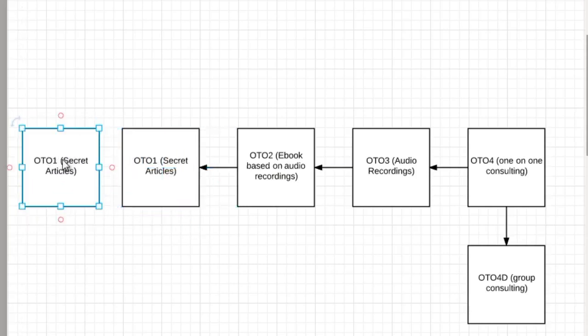We'll do FE for front end offer, and that could be a video course. After you have finished this, you want to switch the arrows back the other way. So we would switch the arrows back this way.